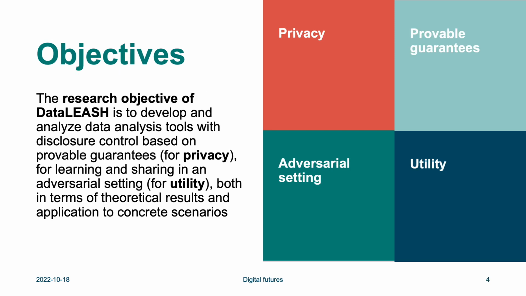So we want to reconcile this. We want to take advantage of the value, the utility that we get from data analysis, but also preserve privacy. So the research objective of the DataLEASH project is to come up with tools and methods that provide us with provable guarantees for privacy and still provide the utility of the data analysis, and all that in an adversarial setting where we assume that there is some attacker that tries to find out as much as possible and infer things that people did not disclose voluntarily.